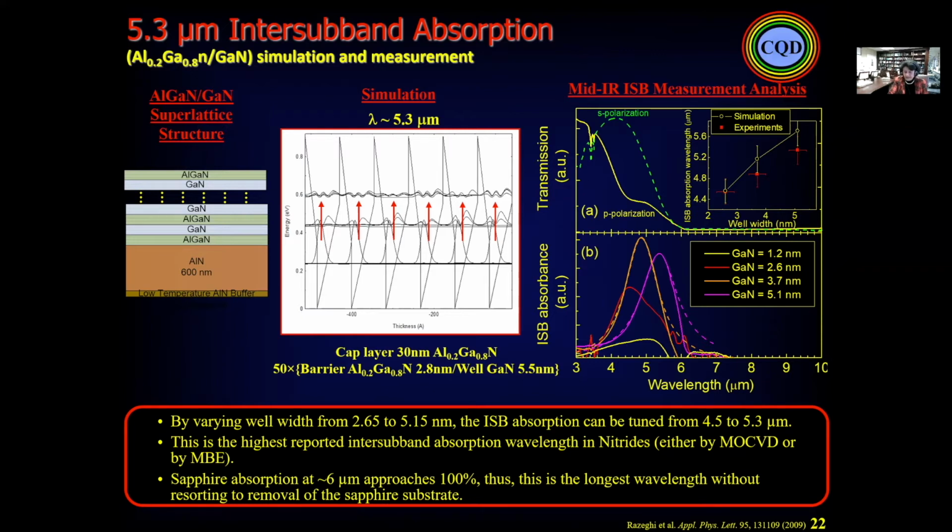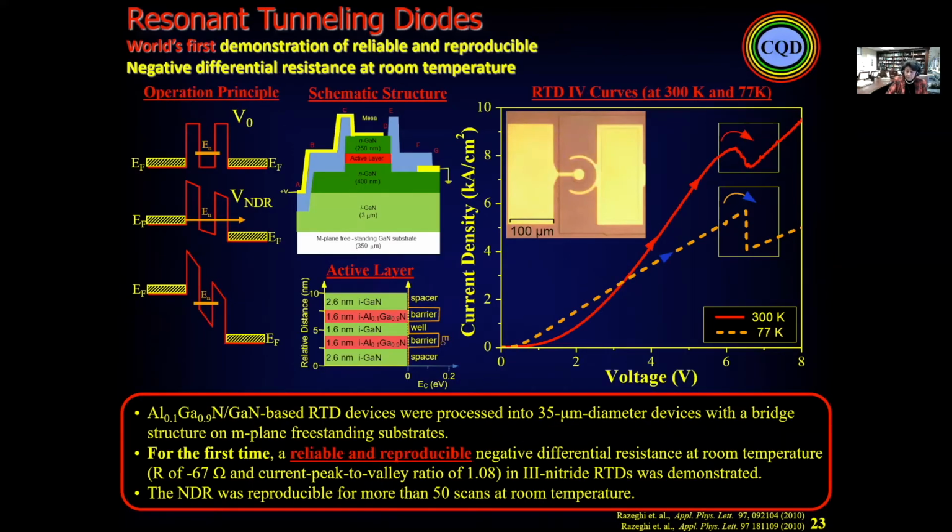Why is this material important? Because in order to make longer wavelengths, especially the quantum cascade or the terahertz, we need resonant tunneling, since that is based on transport and tunneling. That was the world's first resonant tunneling in gallium nitride, gallium aluminum nitride that we did.